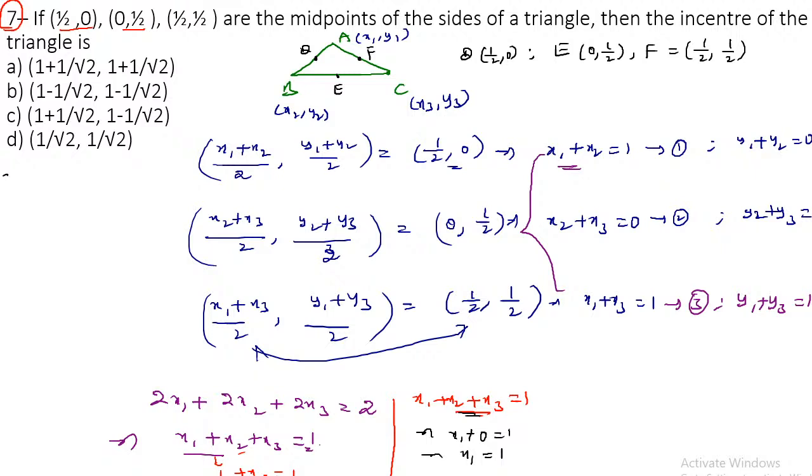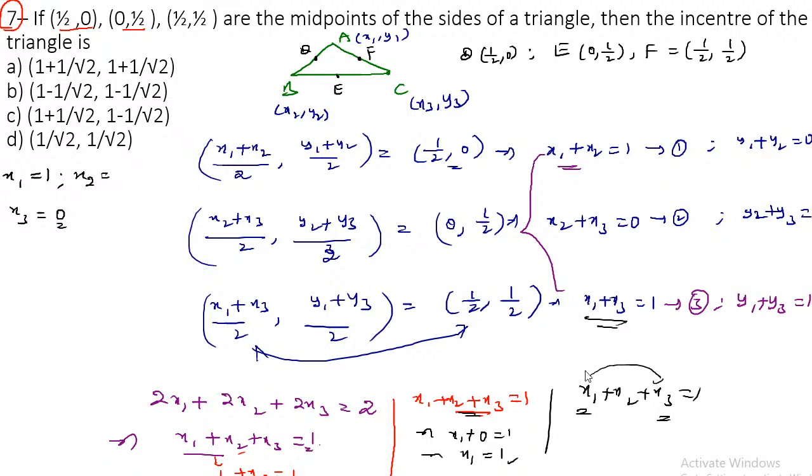So let me write here: x1 is 1, x2 we still need to find, and x3 is 0. So now x2. x1 plus x2 plus x3 is equal to 1, and we know x1 plus x3 is 1.